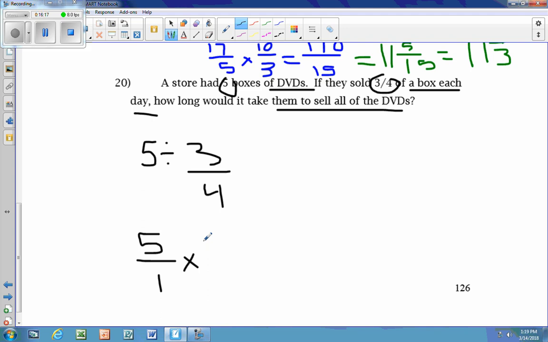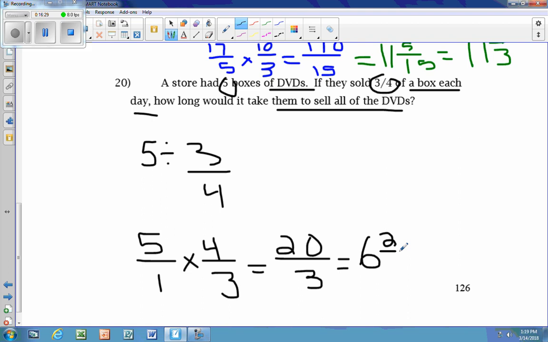We change that to multiplication and we flip it. And when we do that, we end up with 20/3. And we end up with 6 2/3, which we can't leave our answer as. 6 days would not be enough because we still need 2/3. So we need 7 days.